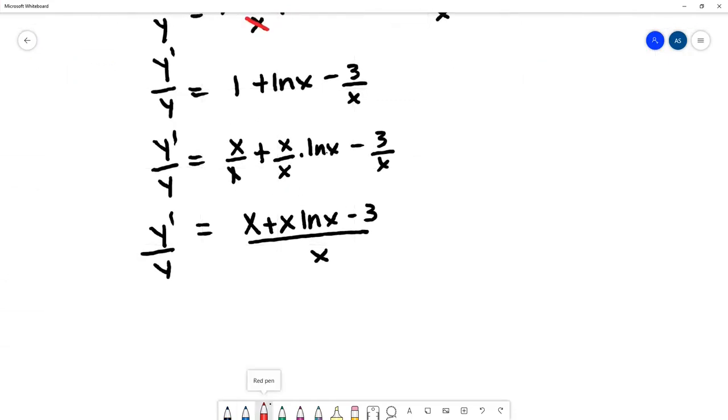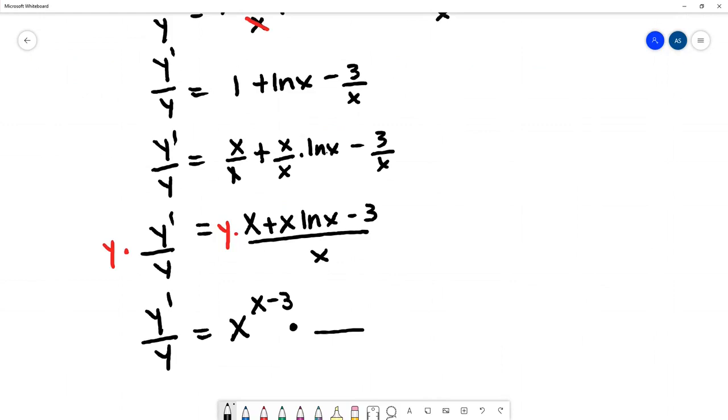And I want to solve for y prime. I'm multiplying by y on both sides. This is y prime over y equals, and remember y was given to us to be x to the x minus 3. So I substituted that original y into the equation. So we have x plus x natural log x minus 3 over x.